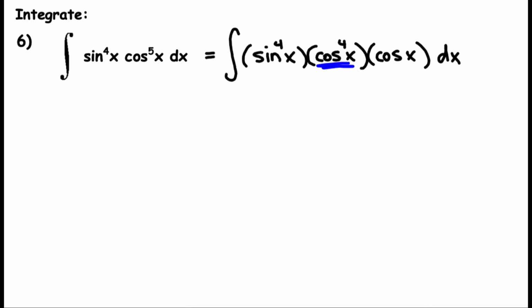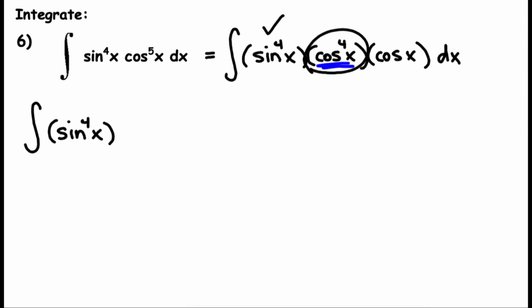All right, let me write that. I'm going to recopy. Sine of x to the 4th power. Check. Cosine of x to the 4th is cosine squared times cosine squared. Here's a cosine squared. Here's a cosine squared. Oop, I forgot to write cosine squared.